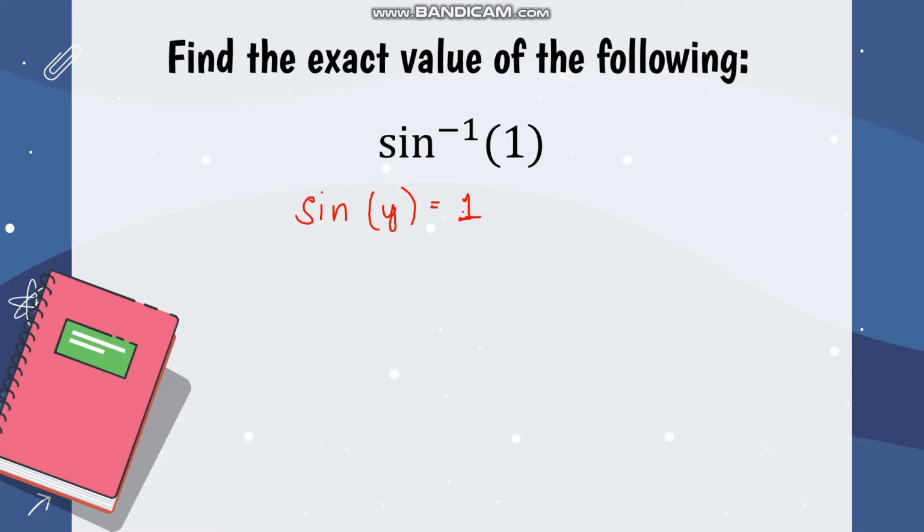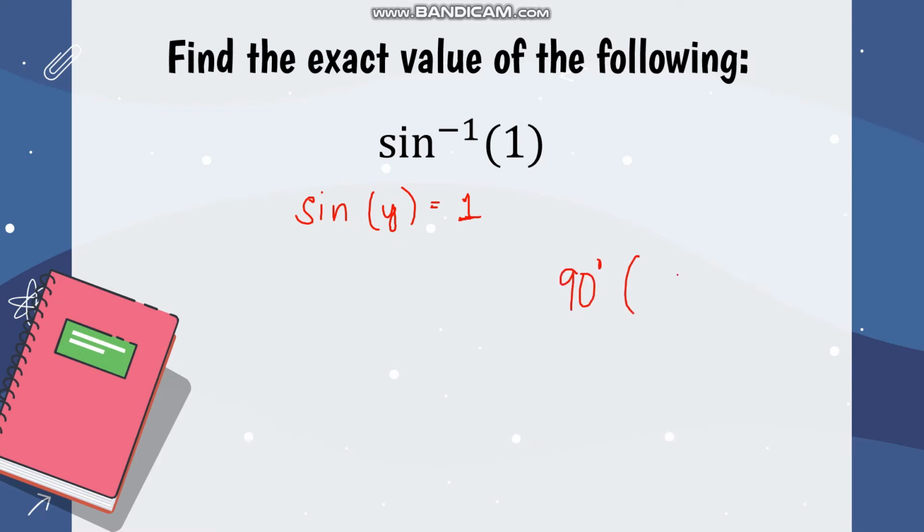If you are familiar with our special angles, you can already identify it. If not, you can go back to our trigonometric points. Since we are talking about sine, we want a y coordinate equal to 1. Among the special angles 30, 45, 60, 90, and 0, which has 1 as its y coordinate? We have there 90.